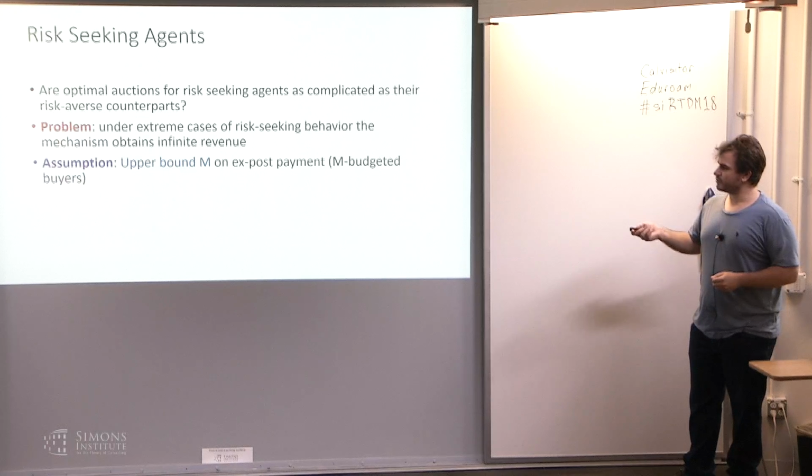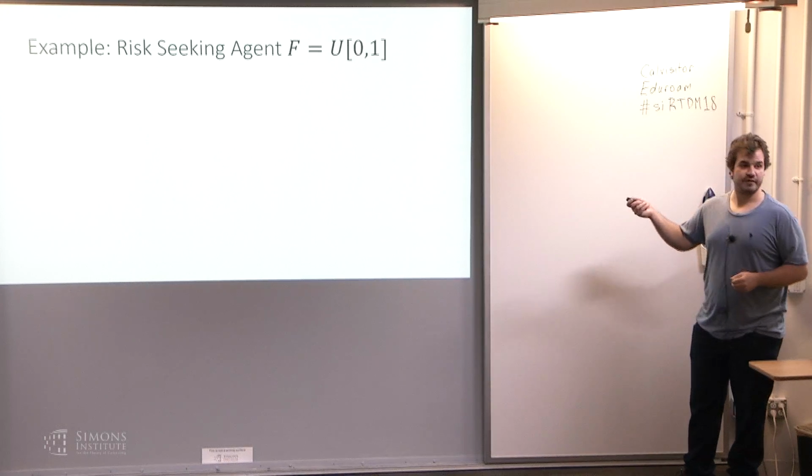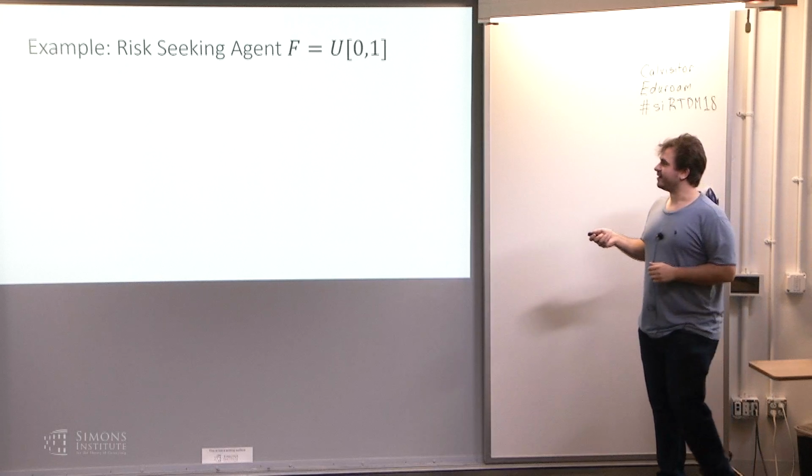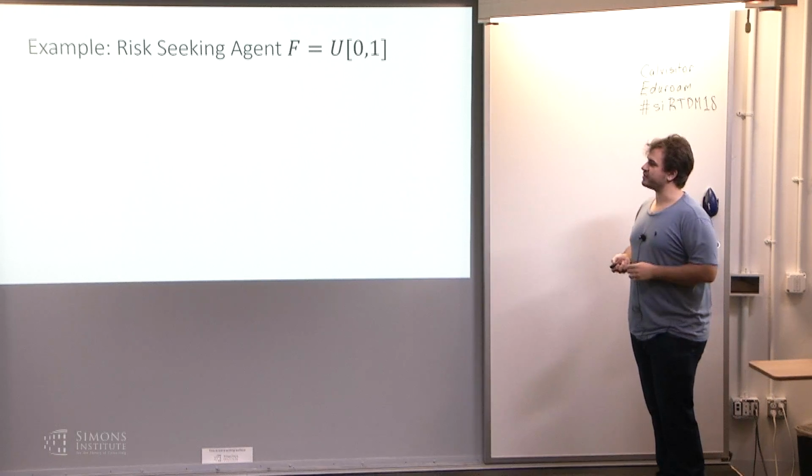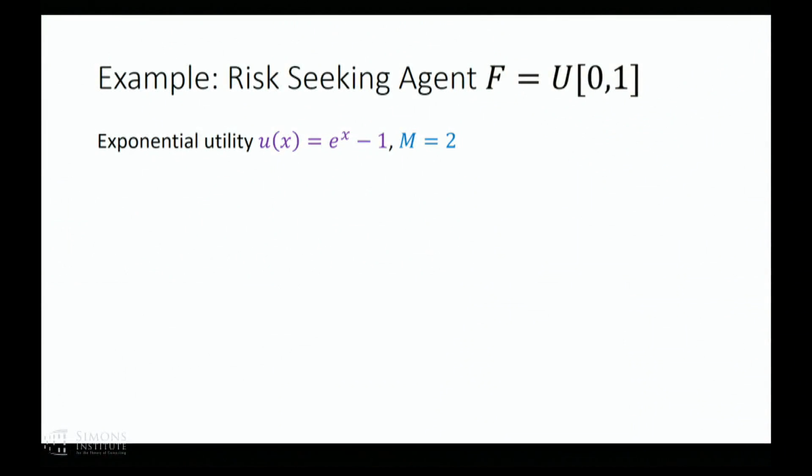Given that assumption, let's revisit the example that we started with for the risk-averse case before. Again, we consider the exponential utility here, e to the x minus 1. Let's say the maximum value here is 2, right? So the agent's value is between 0 and 1, but we can charge them at most 2.